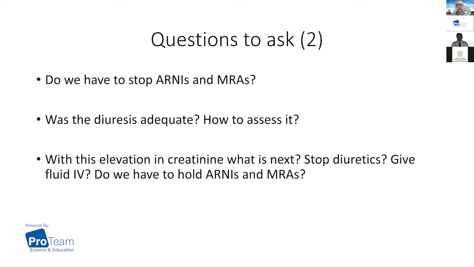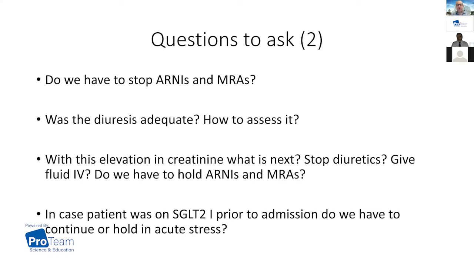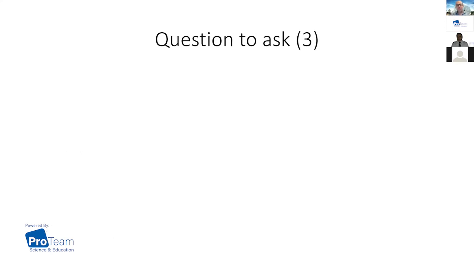Hold ARNIs and MRAs, or give IV fluids, which can be done by some physicians? In case the patient was on SGLT2 inhibitors, which is one of the treatments for chronic heart failure patients nowadays, do we have to continue or hold this medication with this acute stress?